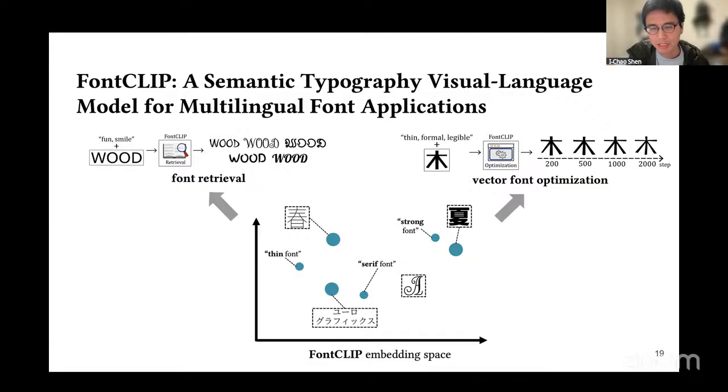For example, in this case, the word strong will be closer to this stronger and thicker Chinese character, but farther from the thin font. And also in this embedding space, we can encode multilingual information so that we can do, for example, cross-lingual font retrieval and font optimization.